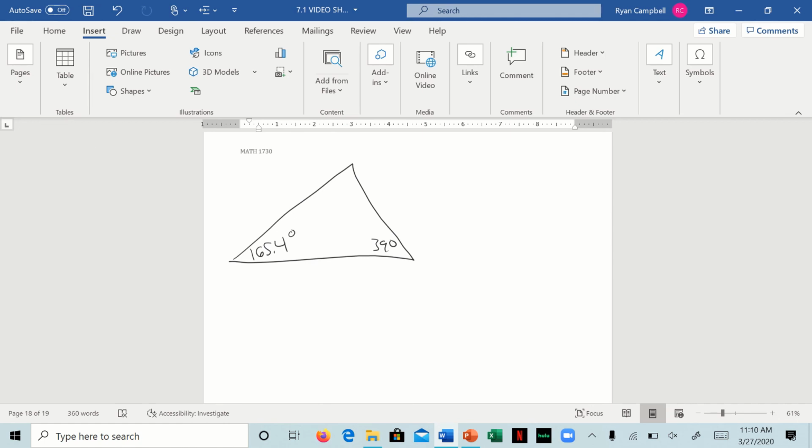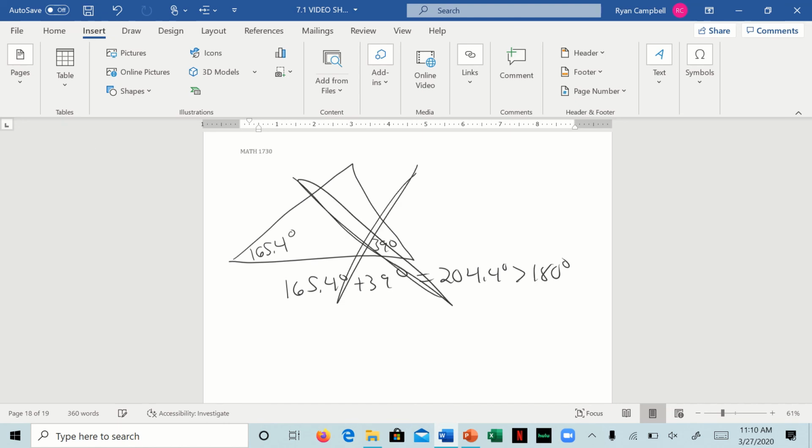It actually doesn't, right? If you plug 165.4 plus 39 into the calculator, it's definitely over 180 because it's 204.4. So can this triangle happen? No, it can't.